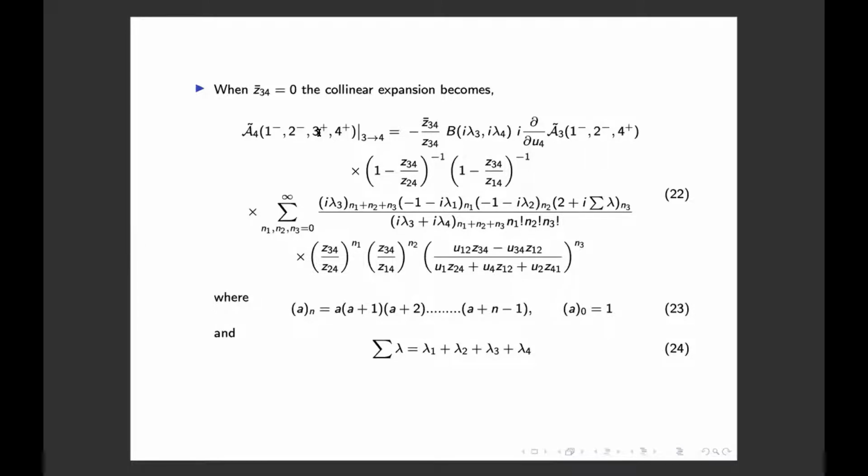Once I take 3 going to 3 plus and 4 going to 4 plus, that's what this A tilde 3 is. So that is the 3-point function in terms of which it has to factorize. So this expression is quite clear: this is an expansion in z34 and u34.